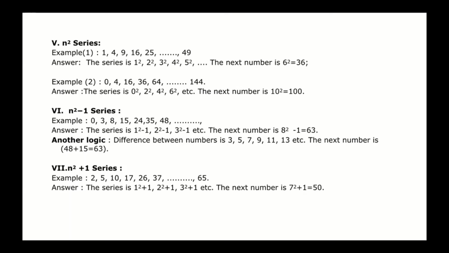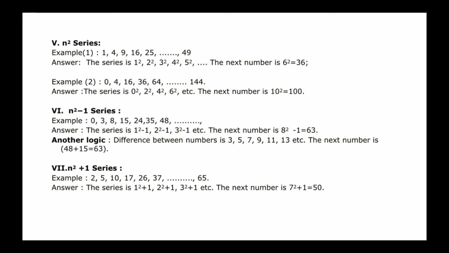So now you will have to figure out that even though 0, 3, 8, 15, 24 are not perfect squares, they are very close to some perfect squares. Like 0 is close to 1, 3 is close to 4, 8 is close to 9, 15 is close to 16. So we can see that the given series is just the number previous to a perfect square. This is how you will identify that a given series is closer to a perfect square or not.